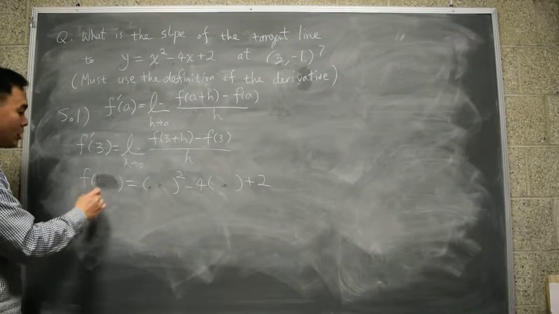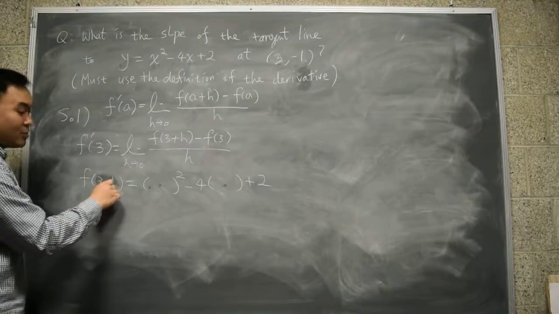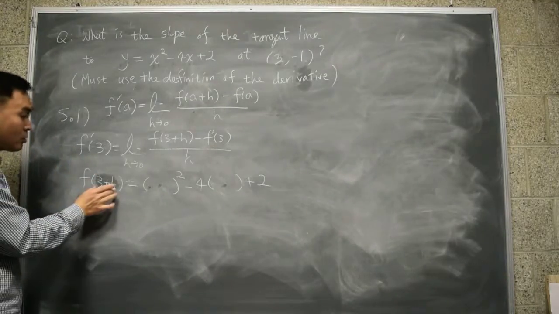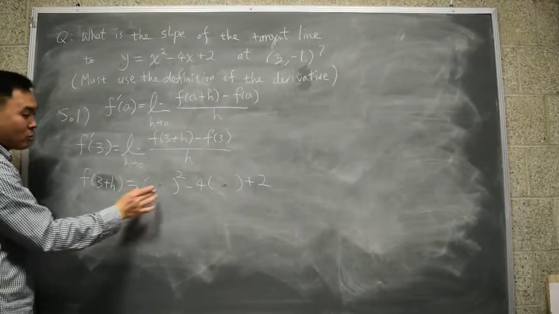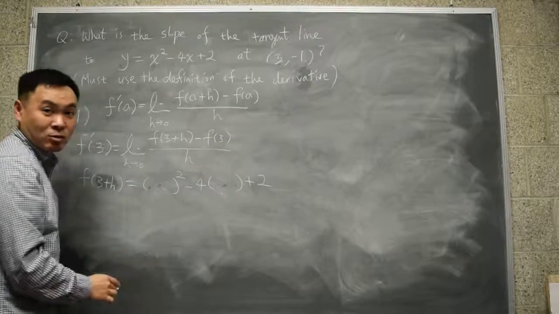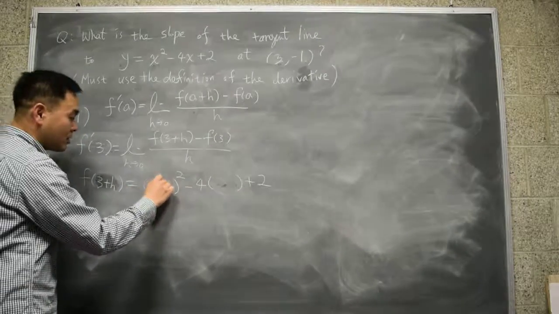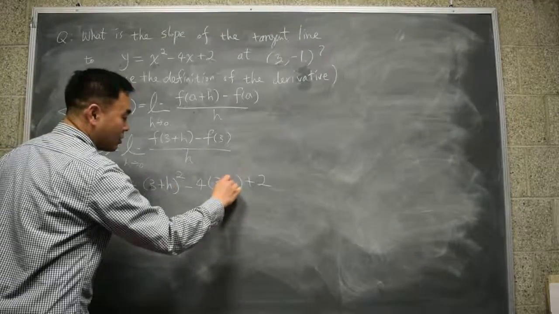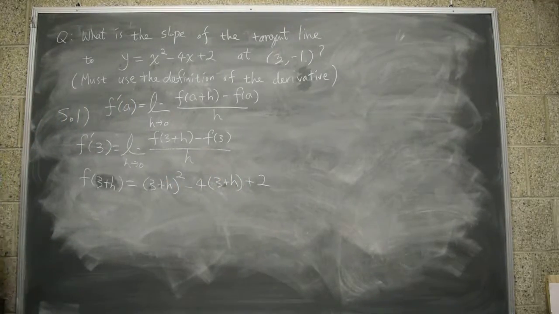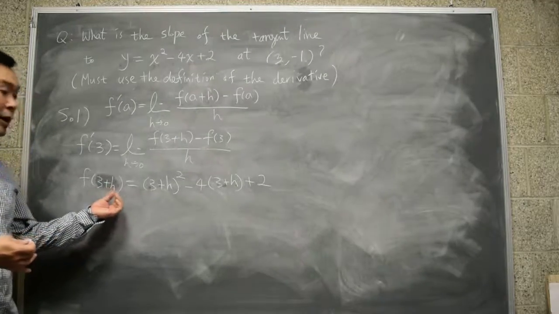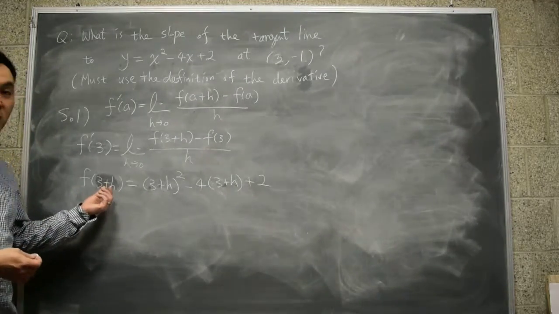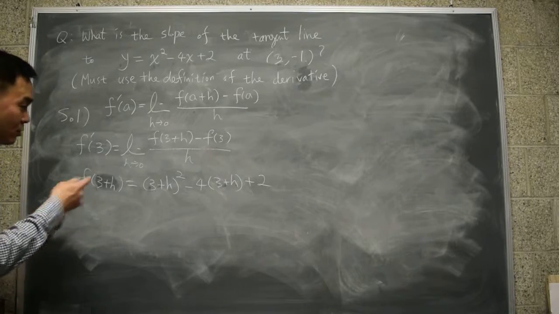And then if you need to know f of 3 plus h, this is step 2. You put the thing that you want, and whatever you put on this left side has to reside in every blank space that you have on the right. So you're going to fill in the blanks with what you have on the left side. If you just take these 2 steps, you will never get confused about where h goes. That seems to be a big confusion when you first try to do this.